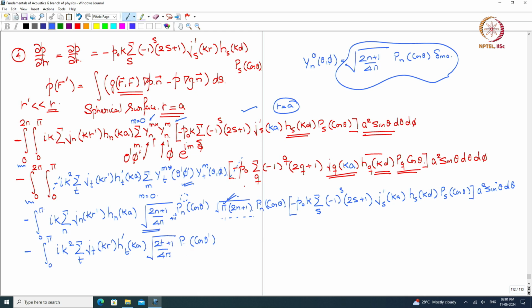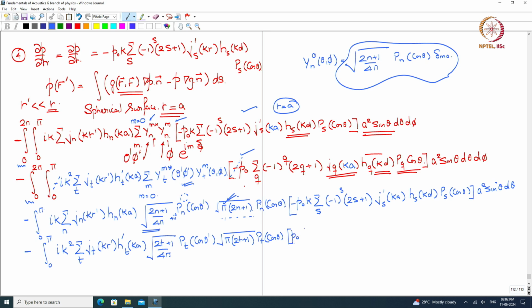And then the same, I get root over pi, (2t plus 1), again Pt of cos theta, and inside p0. Why? Because the negatives have been taken out.